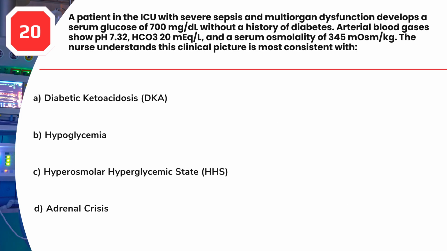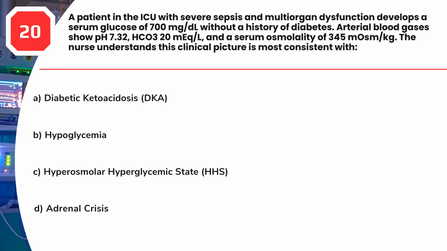Question 20. A patient in the ICU with severe sepsis and multi-organ dysfunction develops a serum glucose of 700 mg per deciliter without a history of diabetes. Arterial blood gases show pH 7.32, HCO3 20 milliequivalents/L, and a serum osmolality of 345 mOsm/kg.